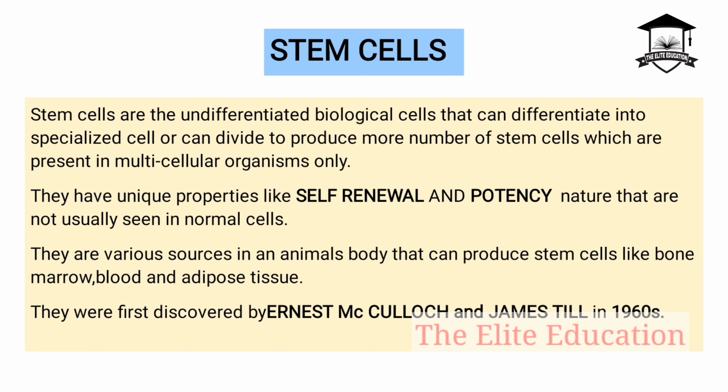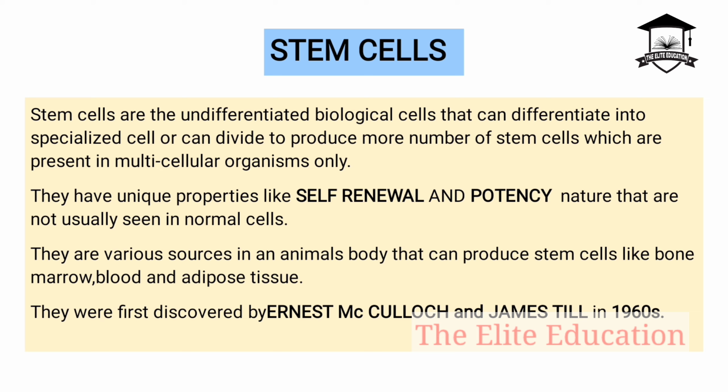If they become specialized cells, they will ultimately yield a product like organ cells or tissues. But if they divide into stem cells and these two daughter cells remain stem cells without differentiating, then they can again give rise to the next generation of stem cells. These are found only in multicellular organisms.